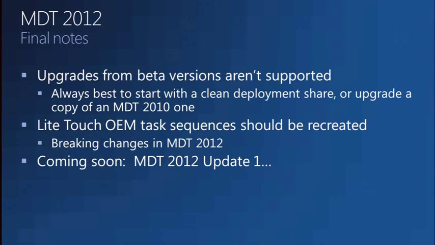There's only like 7 or 8 steps in it, and you rarely customize that task sequence. So if you're using that, you'd want to delete your existing OEM staging task sequence and create a new one to do that staging. The actual deployment task sequence that runs isn't affected, so it's not like you're going to replace your entire client task sequence. You're just going to be changing the one that stages it onto the hard drive.